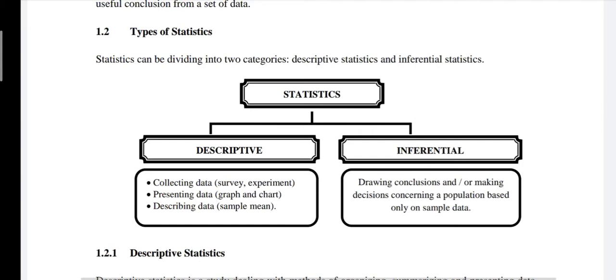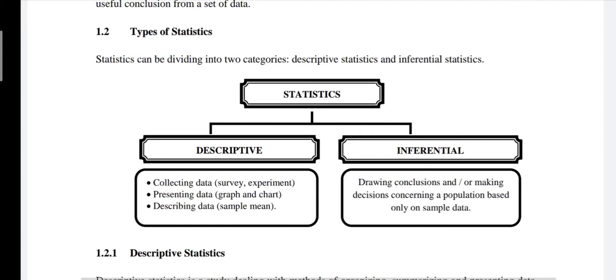Descriptive statistics involves collecting the data, where the researcher will do the survey, the banci or experiment, and then from the data that we have, we can present the data using a graph or chart or any other visual aids, and then we describe the data.